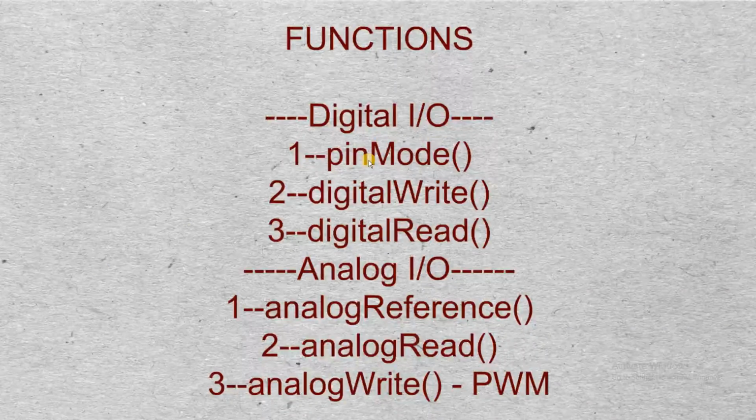We have pin mode, digital write, digital read, and then we have analog I/O: analog reference, analog read, analog write, PWM. All this will be explained and used in projects. So for now, we'll be using pin mode and digital write.